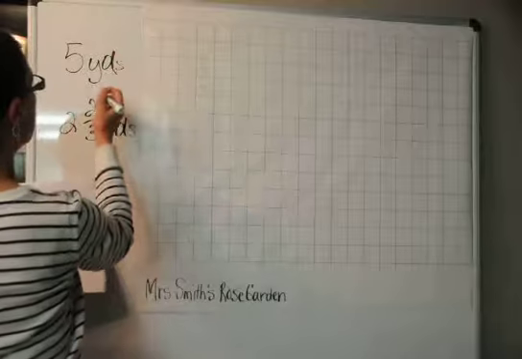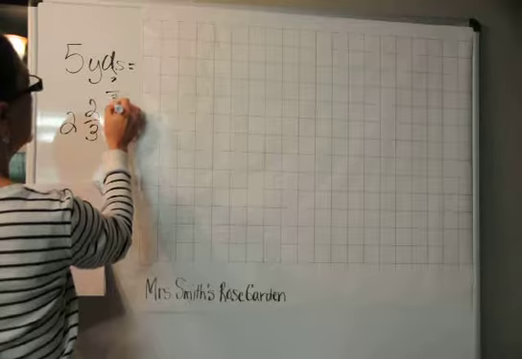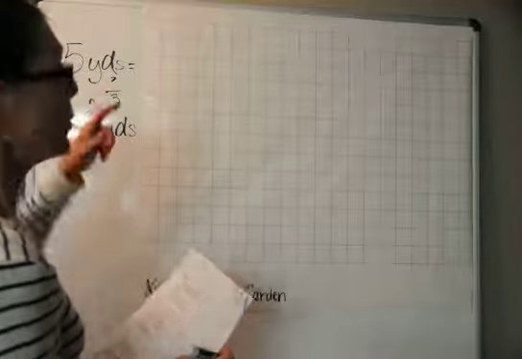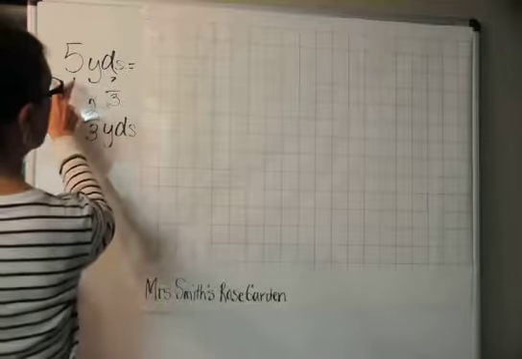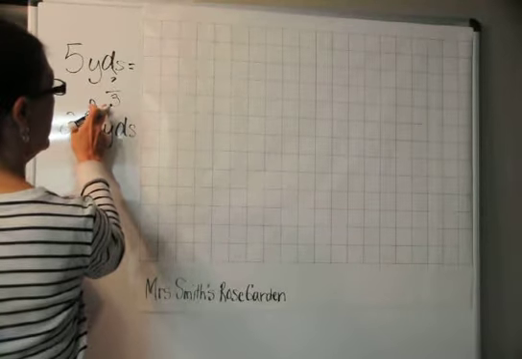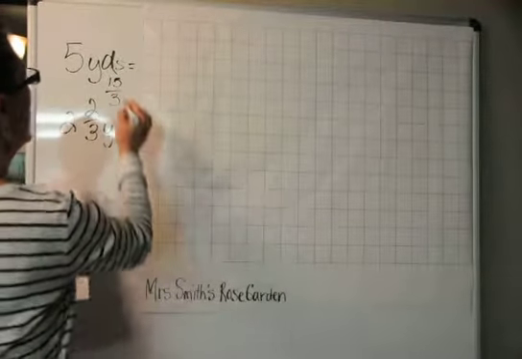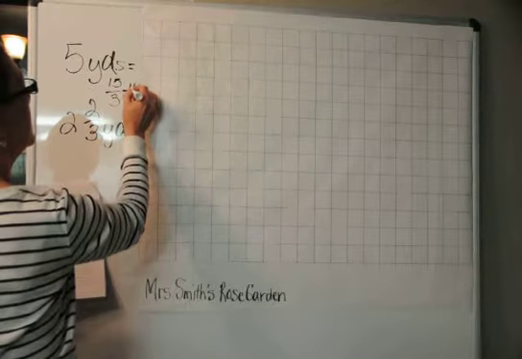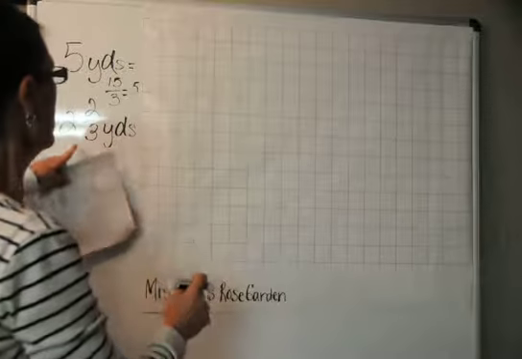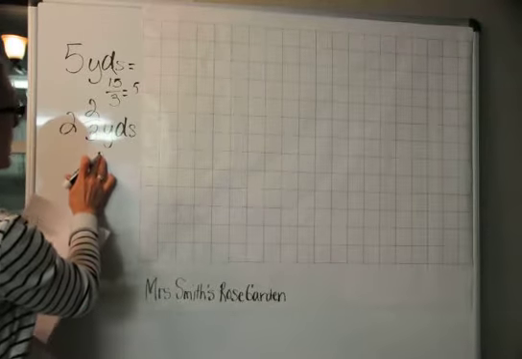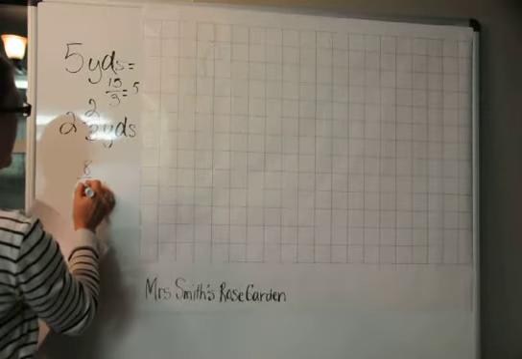So 5 yards will equal how many thirds? We're looking for an equivalency, and 5 times 3 is 15, so 15 thirds equals 5 yards. 2 2/3 yards, we already have this in thirds. 2 times 3 is 6 plus 2 is 8.